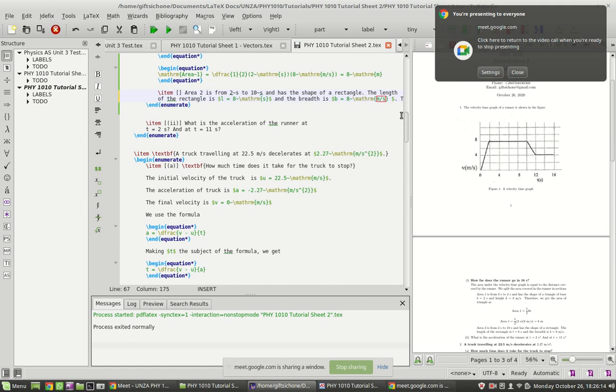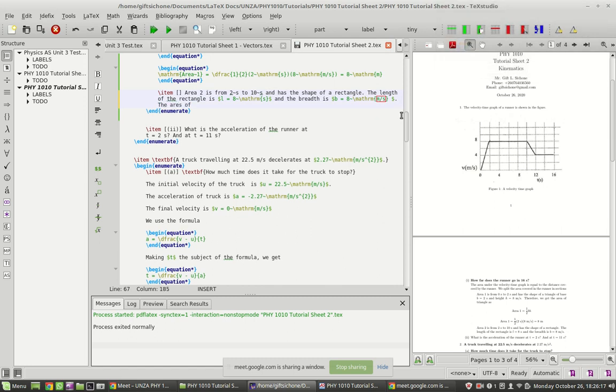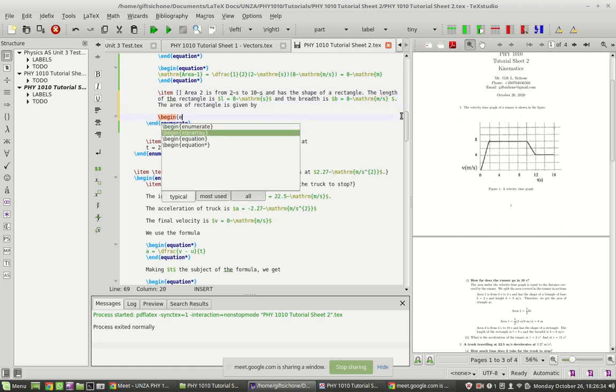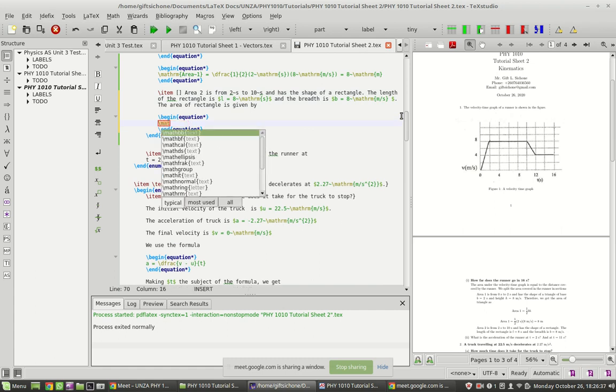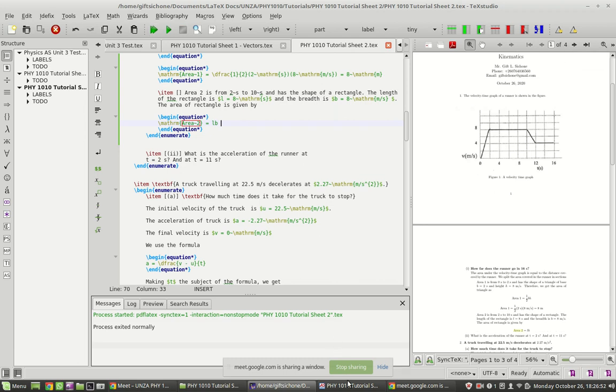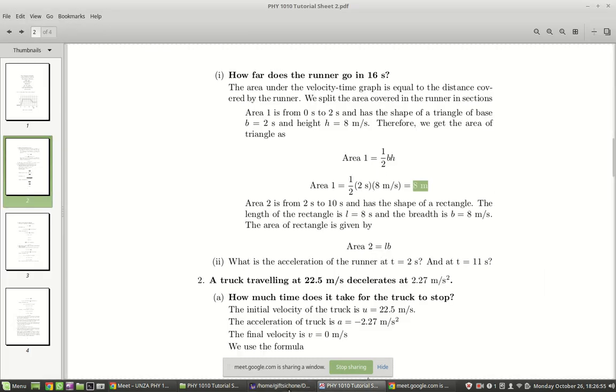So the area of the rectangle is given by area 2 equals L times B. There. So we substitute.